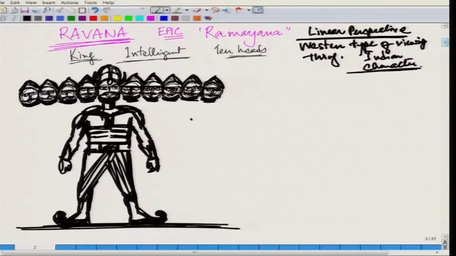So, we may not want a western look in Ravana. So, when we put the 10 heads in linear perspective, it will appear something like this.